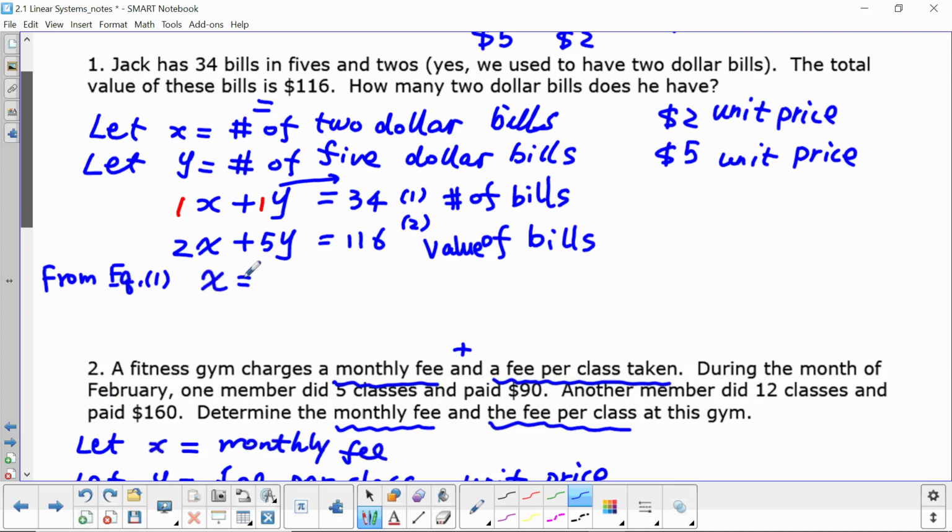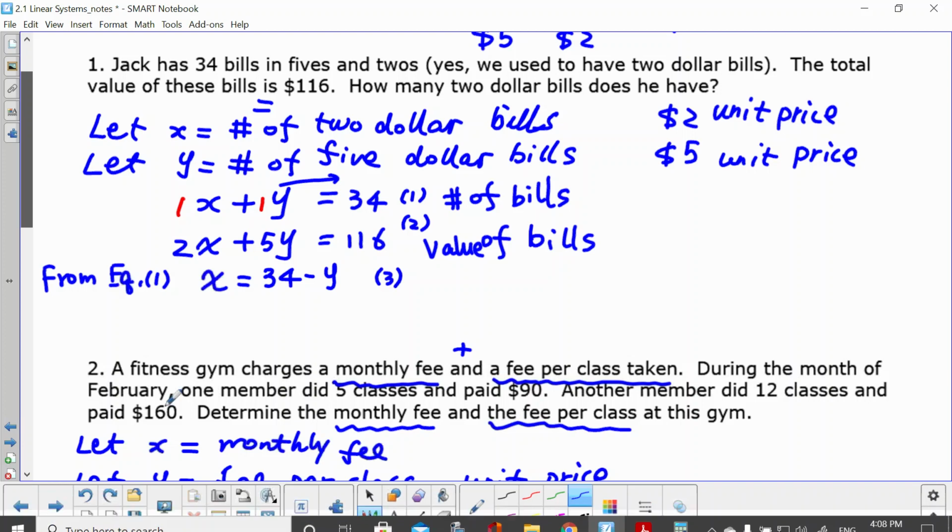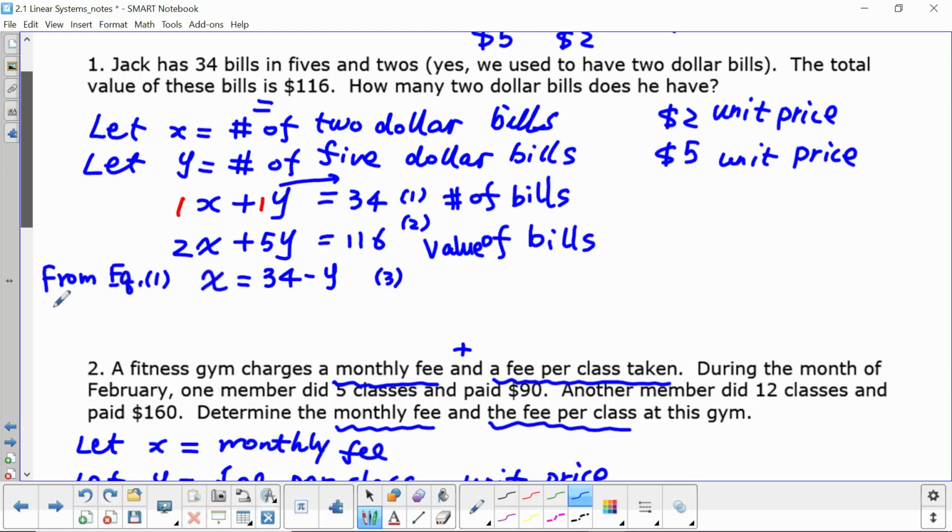So you have 34 minus y. This is equation 3, and for substitution, we use the first sub. It will be equation 3 into a different equation, not 1, equation 2.